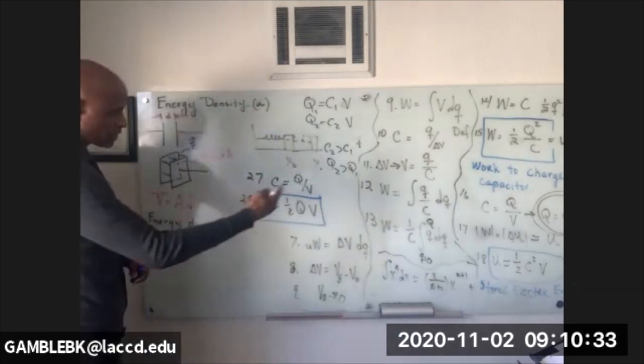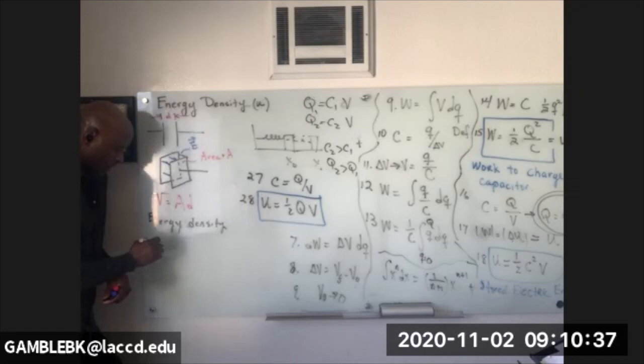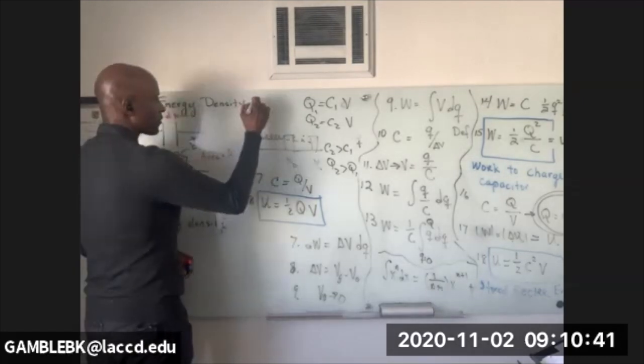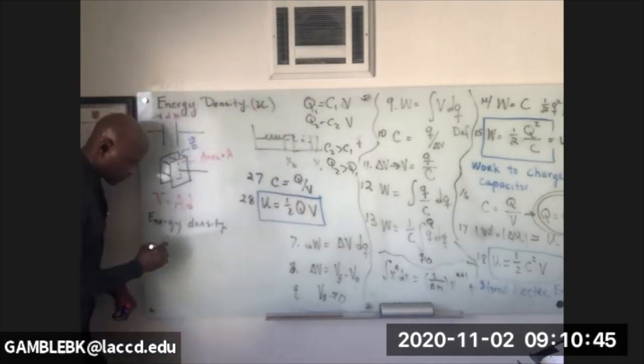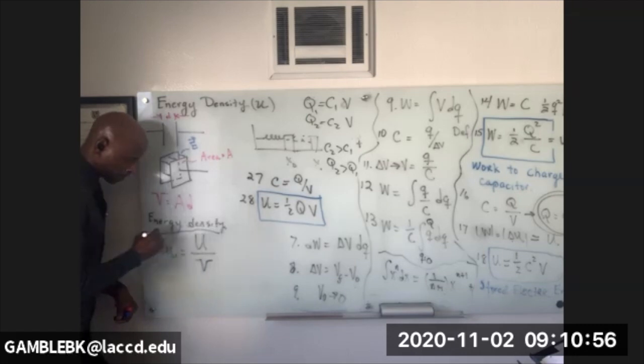Large U I'm using for potential energy, and small u is energy per unit volume. So the energy density is equal to the total energy divided by the volume. Okay.